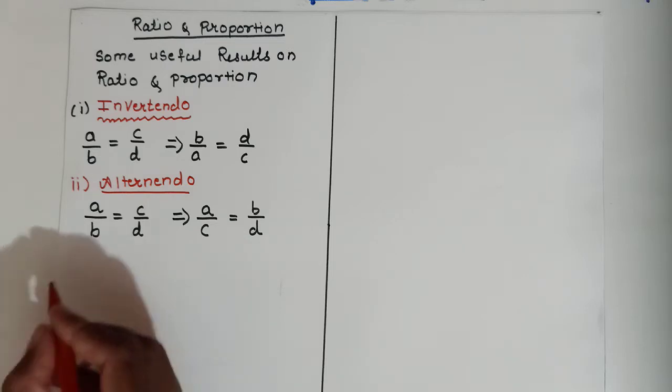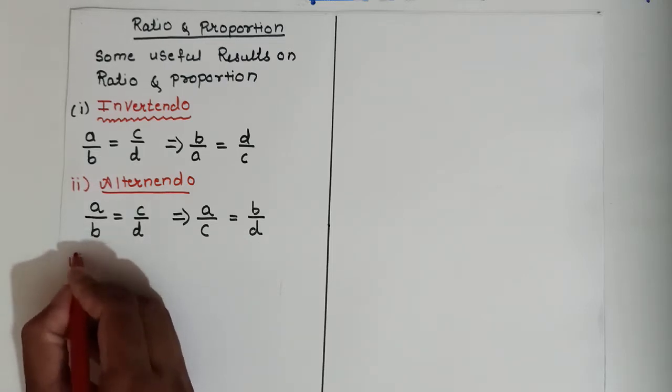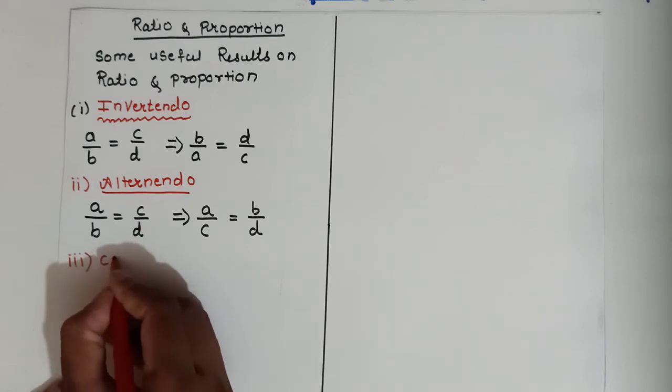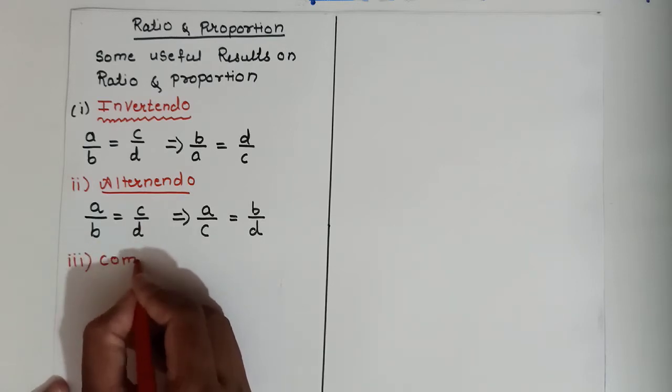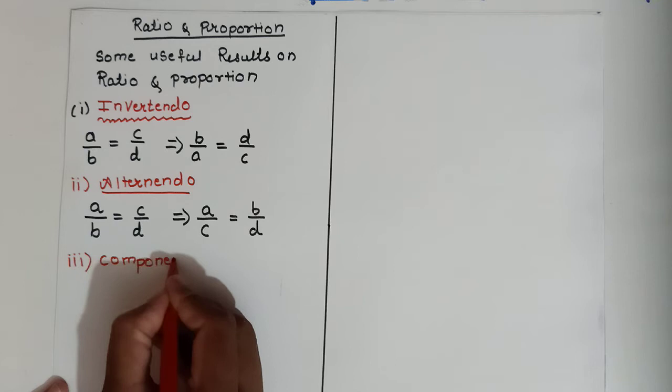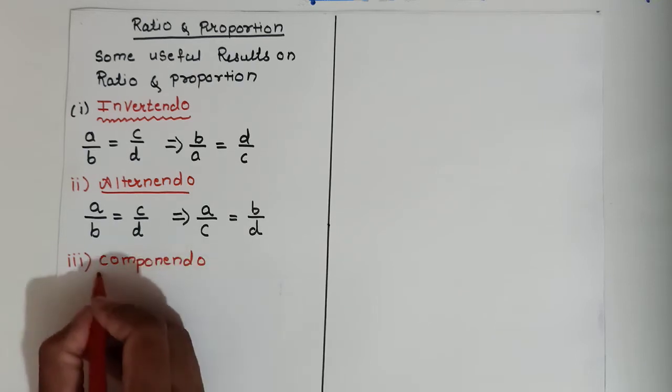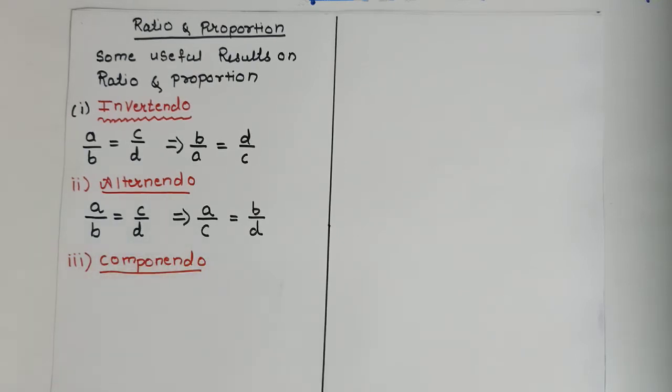Okay, then the third property is componendo. Now see this property again.